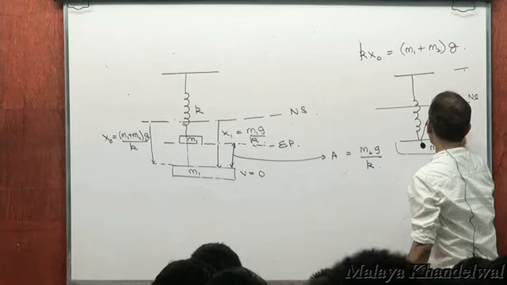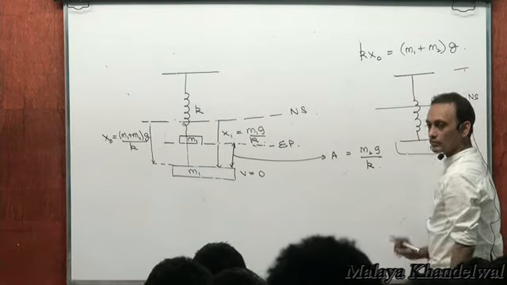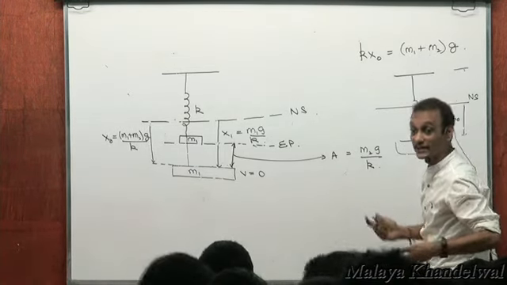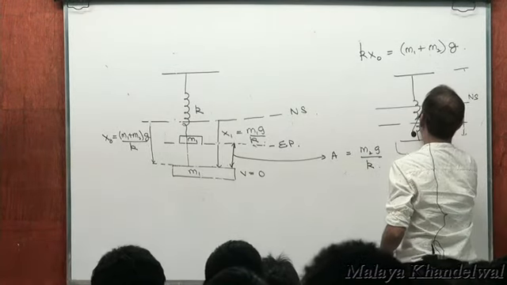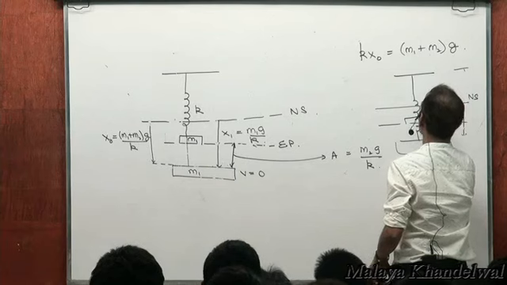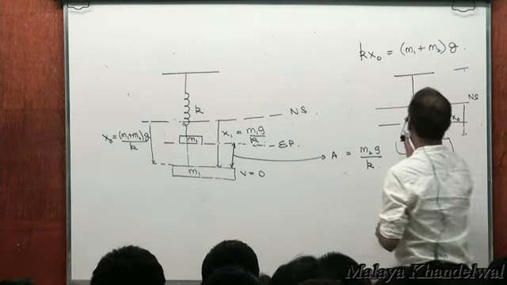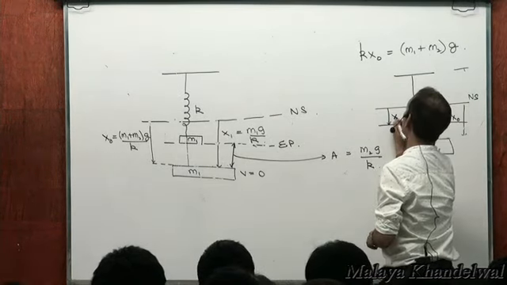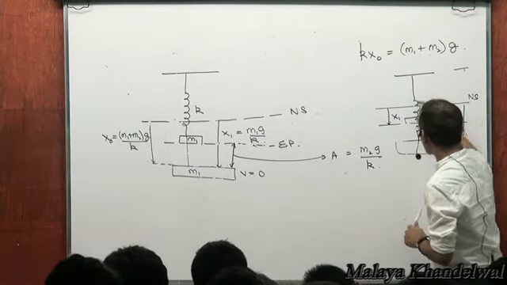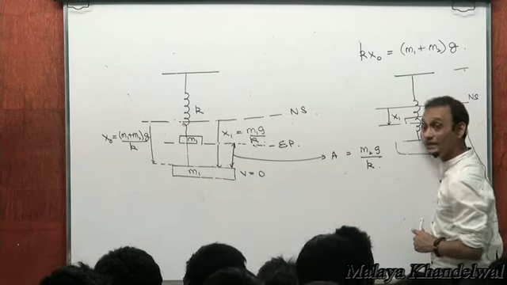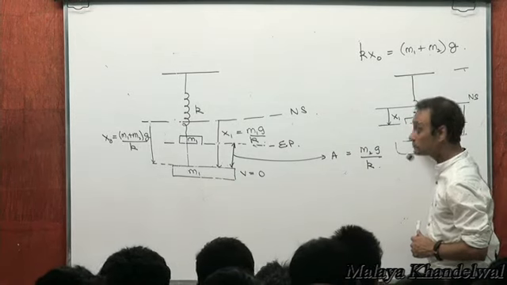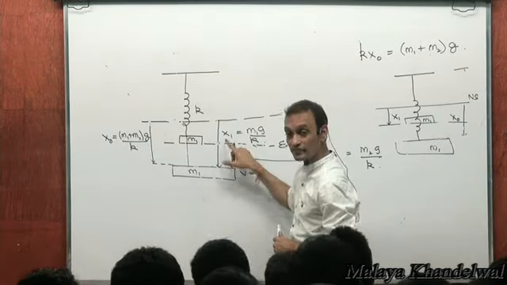Now if I remove m2, the mass will move up because the spring force is in excess of the weight. There would be a new state for m1 in which the spring has got elongated by an amount x1 such that the spring force becomes equal to m1 g. This will be the equilibrium state for m1 alone.